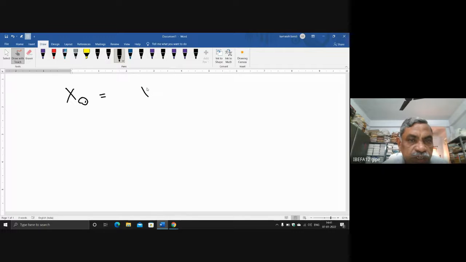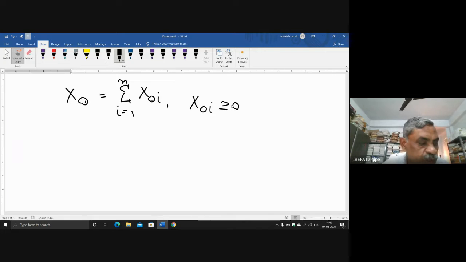On each asset, he will be investing X0i, where i refers to the ith asset. Okay. If we add all these, i equal to 1 to n, that will exhaust the total amount, that is X0. Okay. Now this X0i, that is the amount to be invested on the ith asset, should be non-negative. That is very obvious.